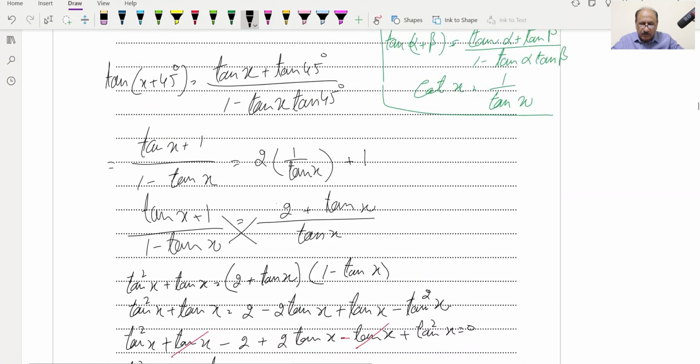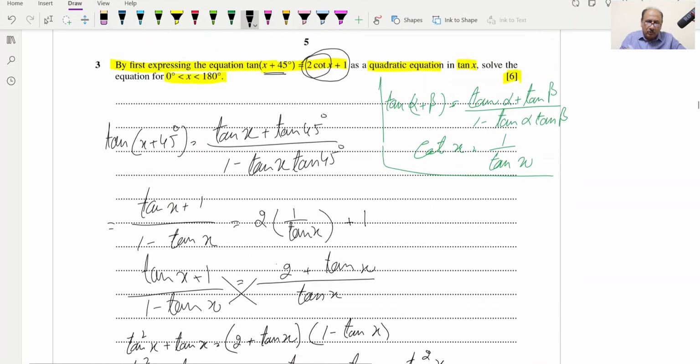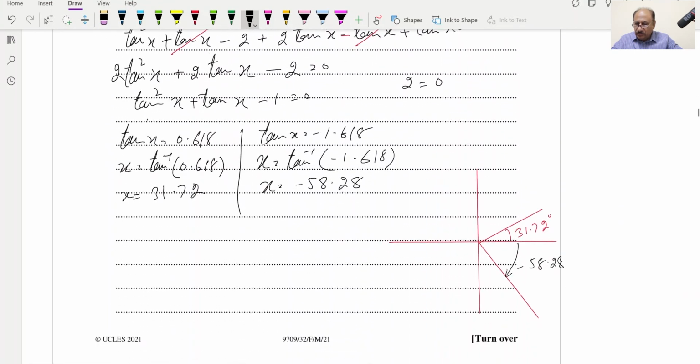and if we check, our range is from 0 to 180, so minus 58 we cannot take, and we can take the reflex angle, and that angle will be what?